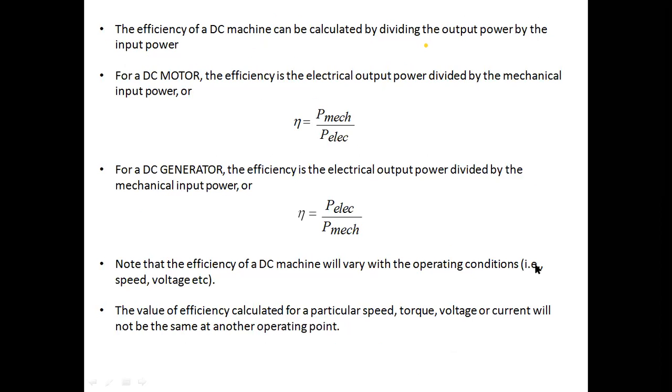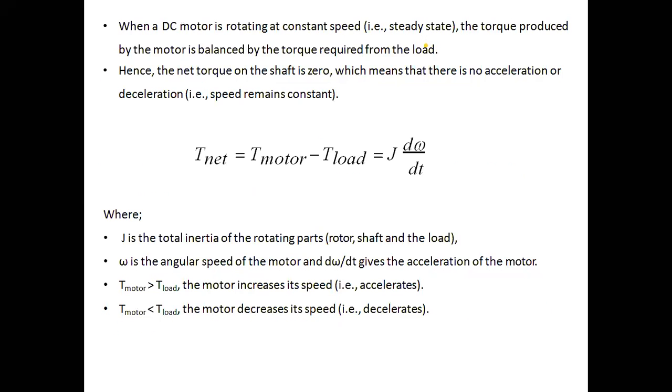These are nothing but its speed and its voltage, and the value of efficiency we can calculate for speed, torque, voltage, or current. Again, if we are supposed to find the total net torque, when we give the power supply, torque will be produced.